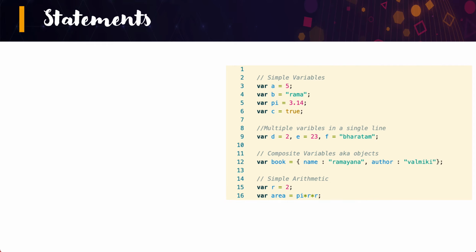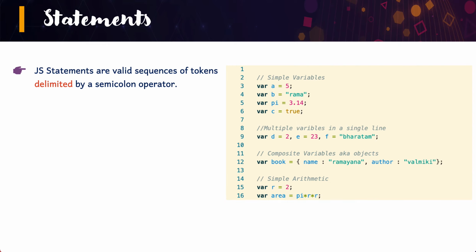Let's look at statements. Statements are essentially valid sequences of tokens delimited by a semicolon. You can see line number 3 is a statement. It says A is a variable and it has an initial value of 5 assigned to it, and it is delimited by a semicolon.